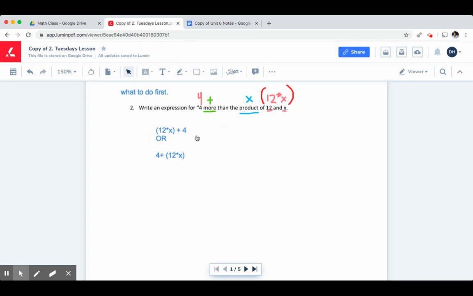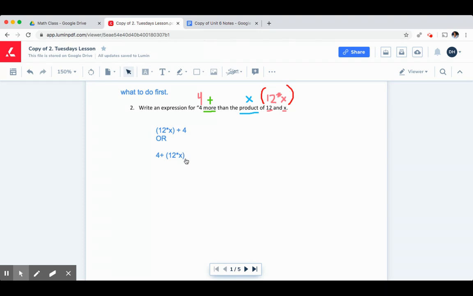So your expression could have been written one of two ways. Parentheses 12 times x, close parentheses, plus 4, or 4 plus, open parentheses, 12 times x, close parentheses.